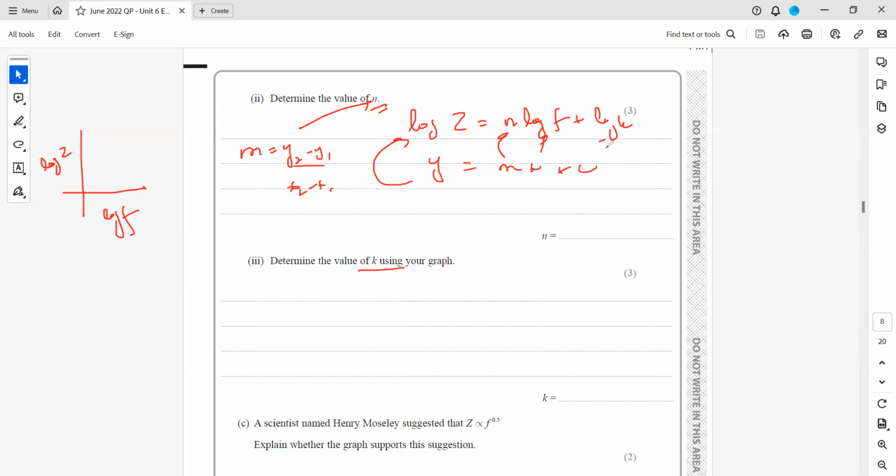As you can see, log k is a y-intercept. So when you plot a graph between log z and log f, your graph will not start from the origin. It will have a y-intercept. So somewhat your graph is like this.